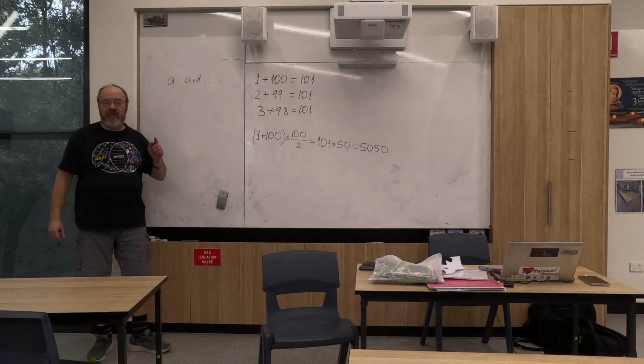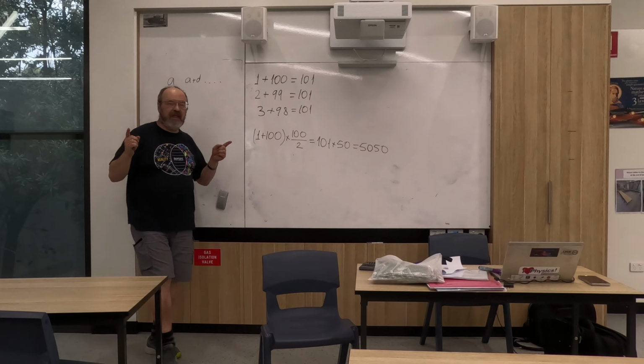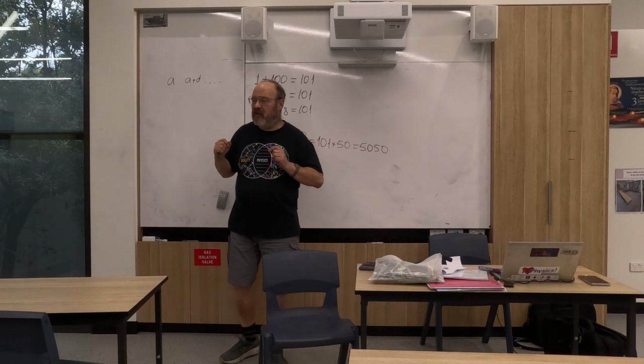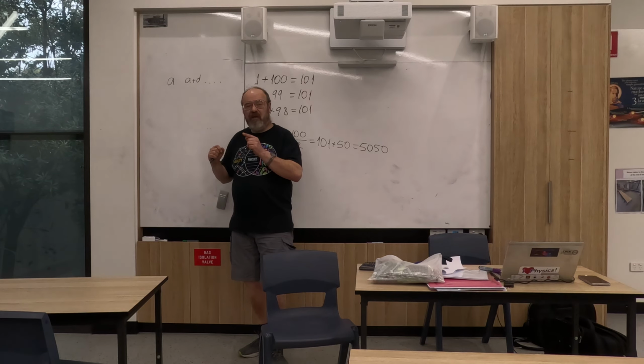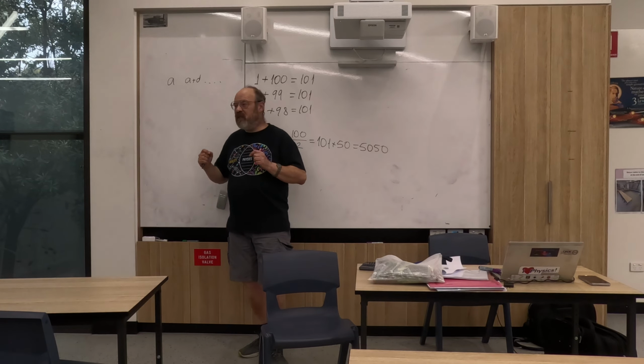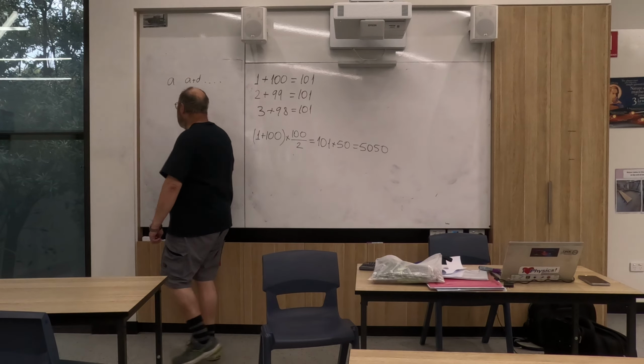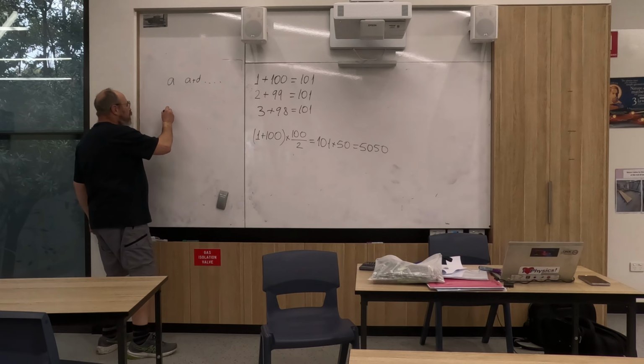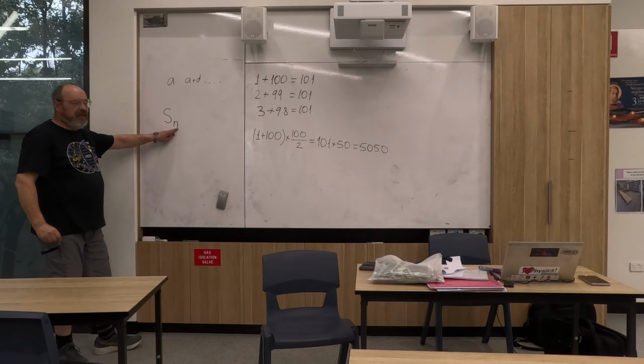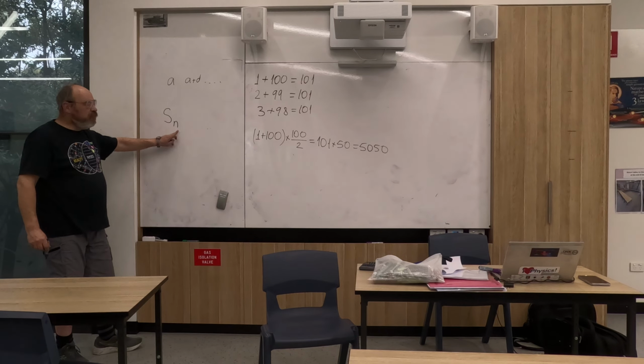First plus last will always be exactly the same as second plus second last, and third plus third last will have the same number. So the sum of n terms of an arithmetic sequence, we call it series, Sn, the sum of the first n numbers.